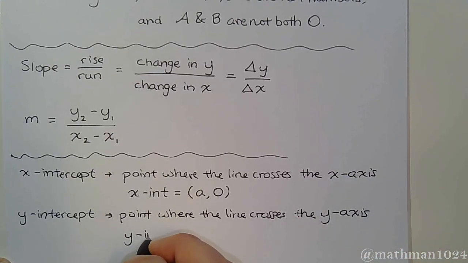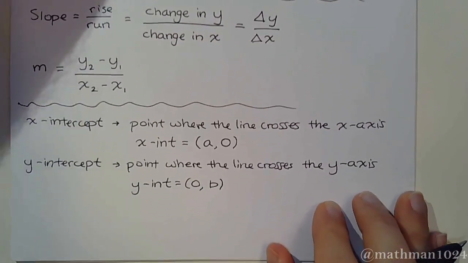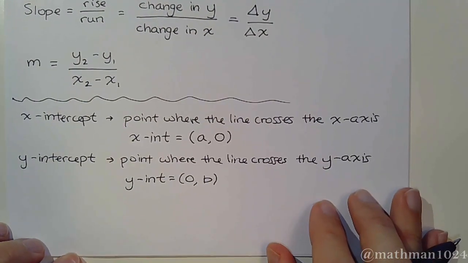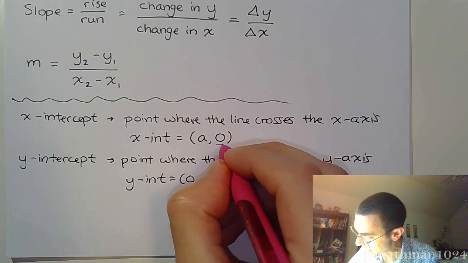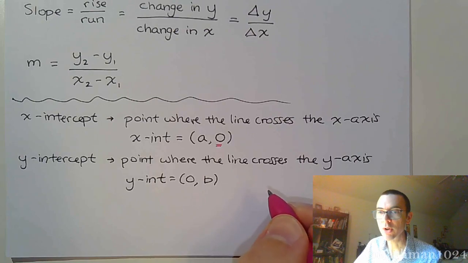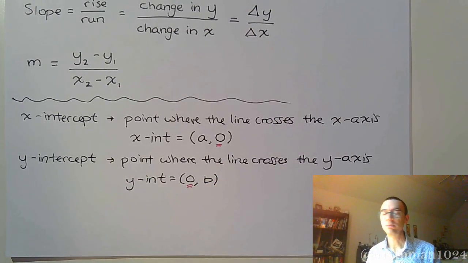And every y-intercept is going to take on the form 0, comma, b. Okay? So, if we were trying to find the x and the y-intercepts, something we already know from the very beginning for each of them is that for the x-intercept, the y-coordinate is 0, and for the y-intercept, the x-coordinate is 0. So as long as we remember that, then we're going to be okay.